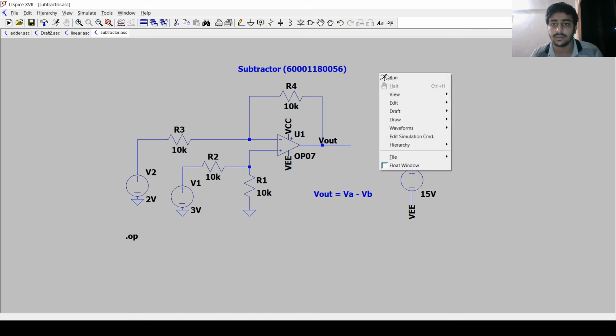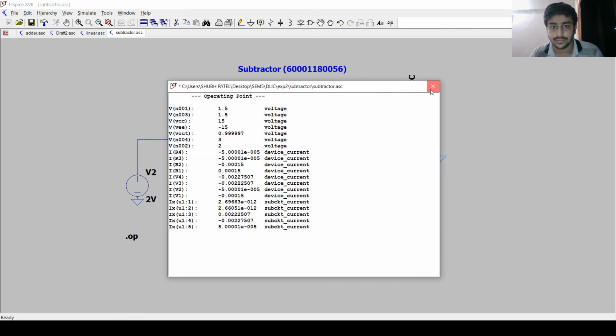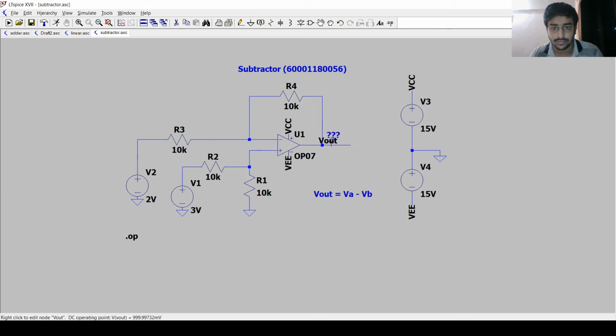So let's see whether the simulation goes perfectly. It's this question mark symbol over here. This is 999.99 millivolt, which is almost equivalent to 1 volt. So theoretical and simulated output is almost same.